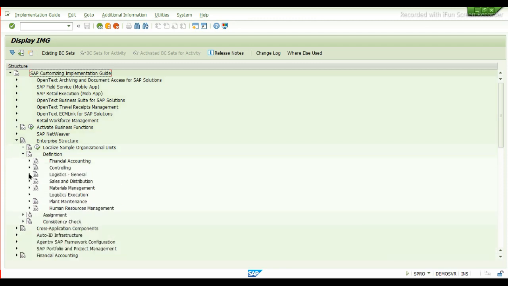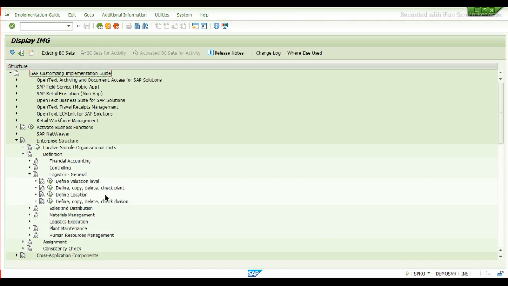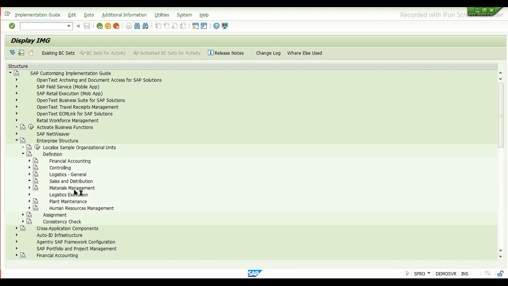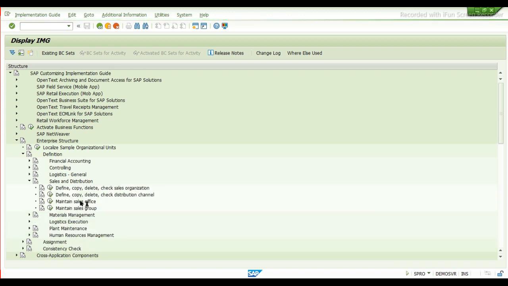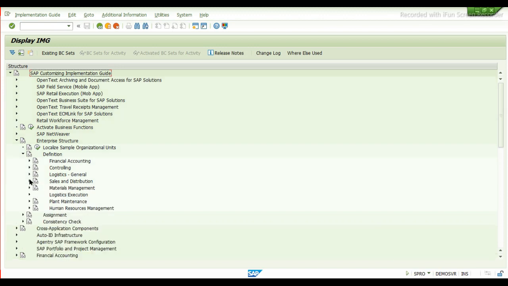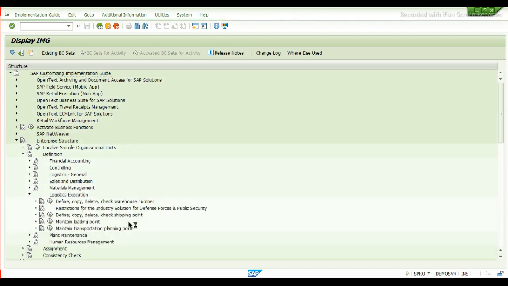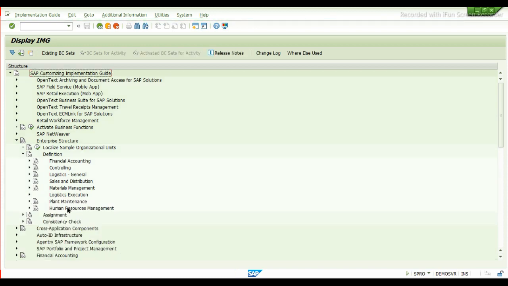Then under general, we have division and plant. Under sales and distribution, we have sales organization, distribution channel, sales office and sales group. Under logistics execution, we define the shipping point.